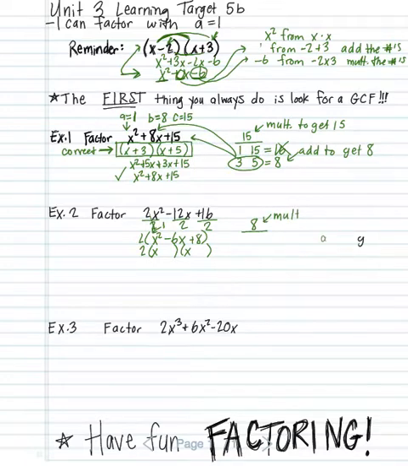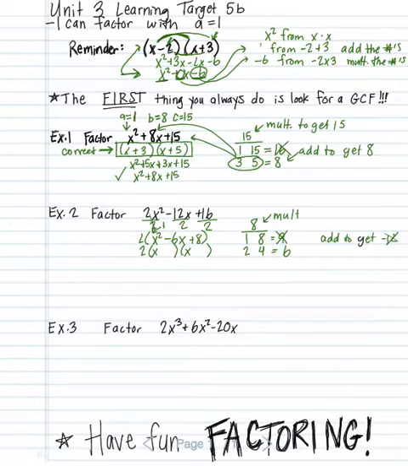Again, the beneficial part is that we can always check ourselves. So if we distribute x times x, we're going to get x squared. X times negative 4 is negative 4x. Negative 2 and x is negative 2x. Negative 2, negative 4 is positive 8.